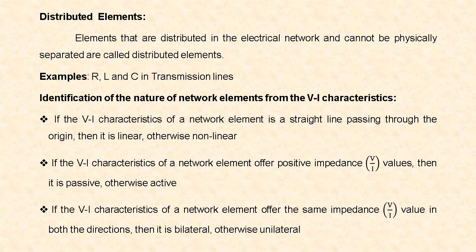If the VI characteristic of a network element offers positive impedance, that is nothing but the voltage by current value, then it is passive. Otherwise, it is an active element. If the VI characteristic of a network element offers the same impedance value in both directions, then it is a bilateral element, otherwise it is a unilateral element.